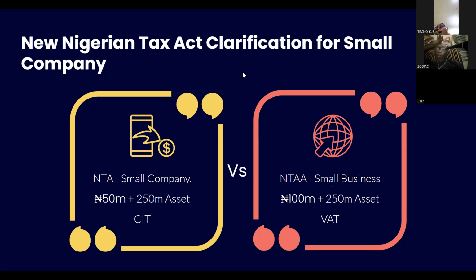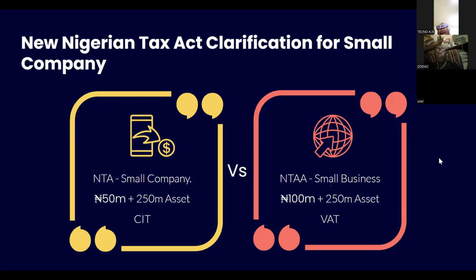They were presenting a threshold for filing value-added tax. So the NTAA threshold focused on value-added tax, not company income tax. And then the NTA focused on company income tax for limited liability company. I believe that makes sense. Can we move forward now? Yes, please. Let's move forward.